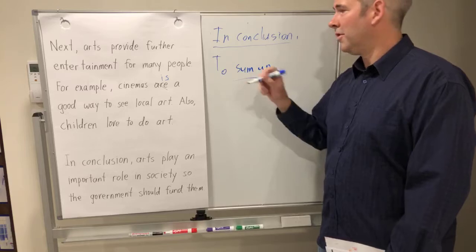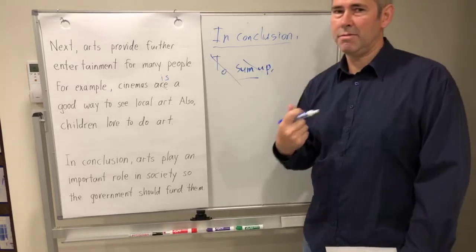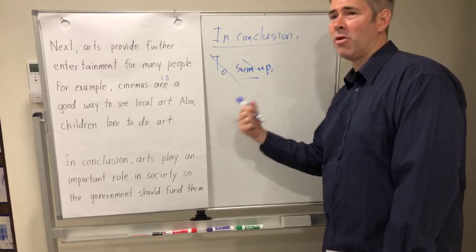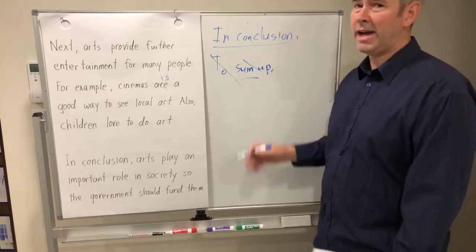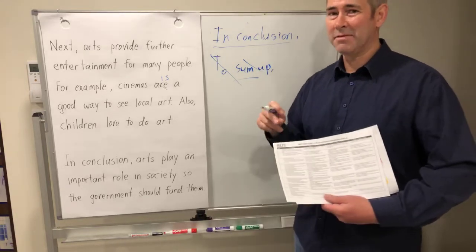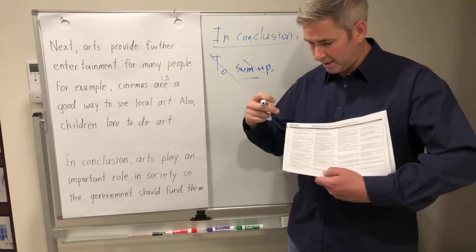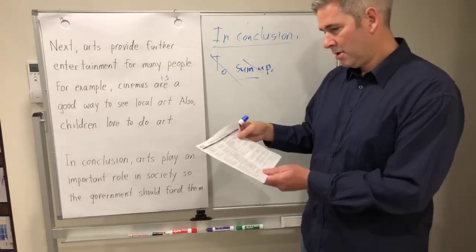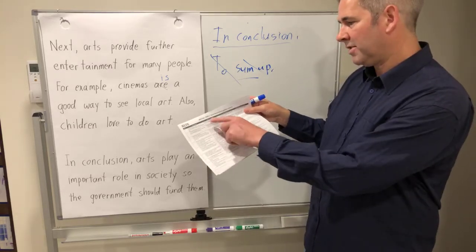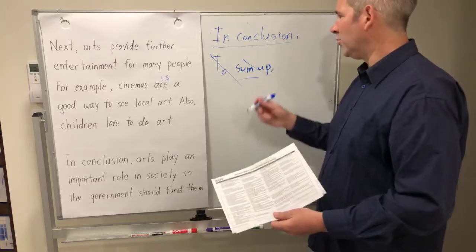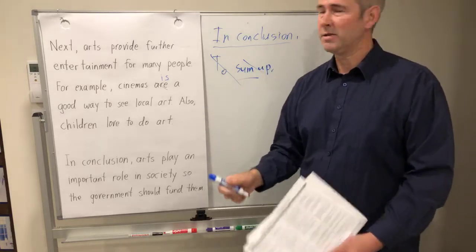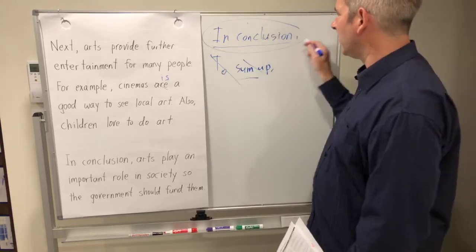Now, I would not go with this because that would indicate that you have a summary following. You're not asked to give a summary in the band descriptors under task response. And I think it also mentions it in coherence and cohesion. You're asked to give a conclusion, right? So just use this every time.